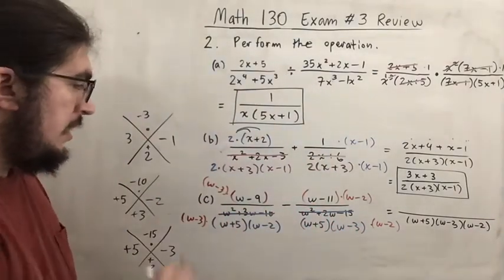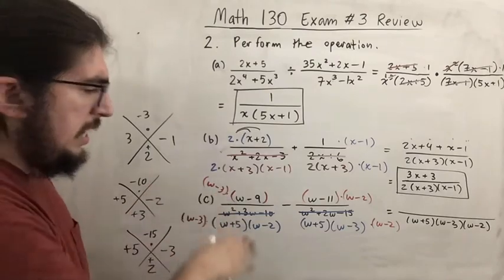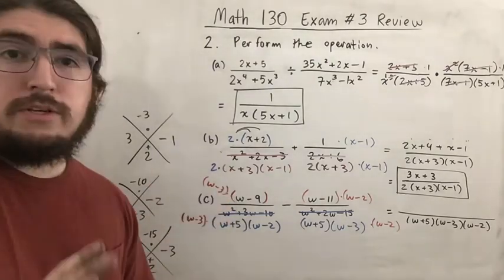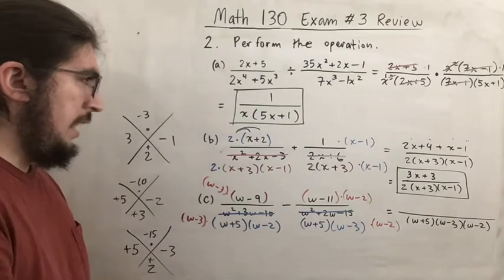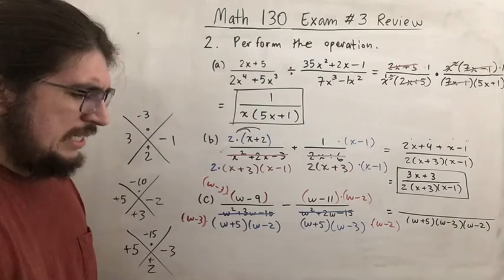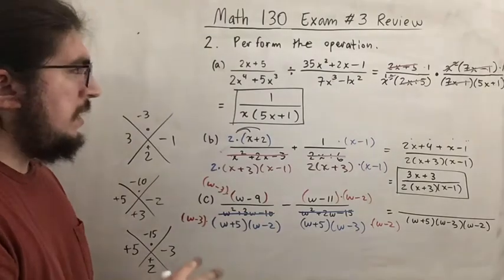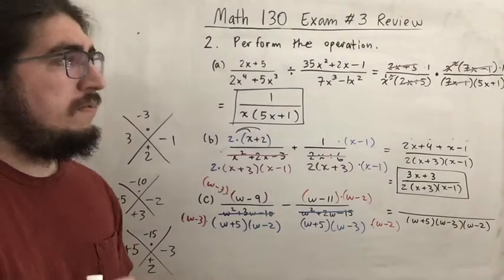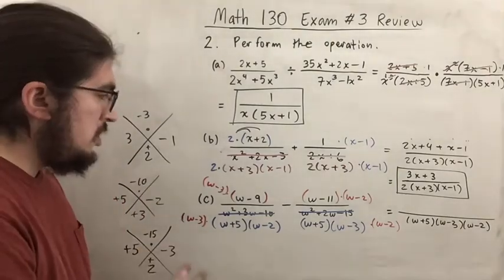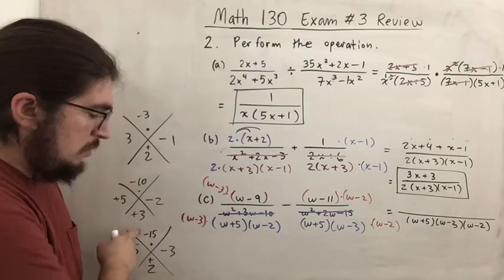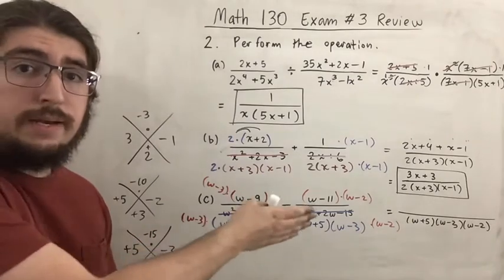Okay. Now on the top, I'll do this kind of quickly. You can FOIL this out, but I'm going to show you something that's kind of interesting. For some reason this isn't taught very often, but it's the opposite of factoring. When you factor, you look for two numbers that multiply to the last one and add to the middle one, which is what we've been doing, right?